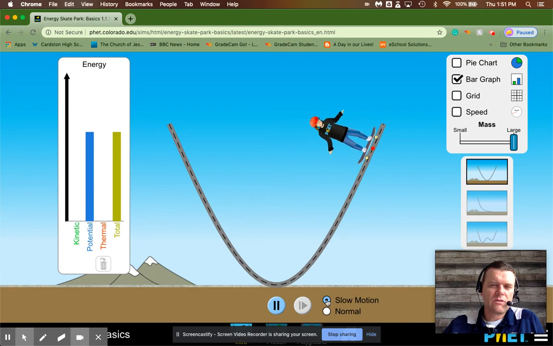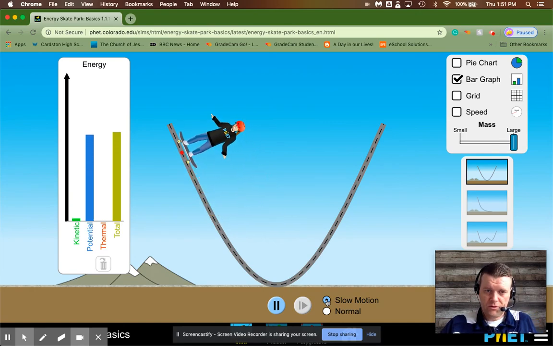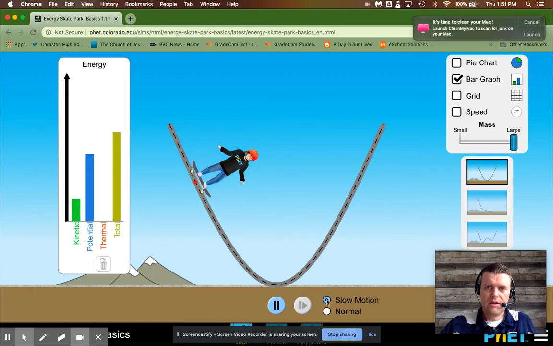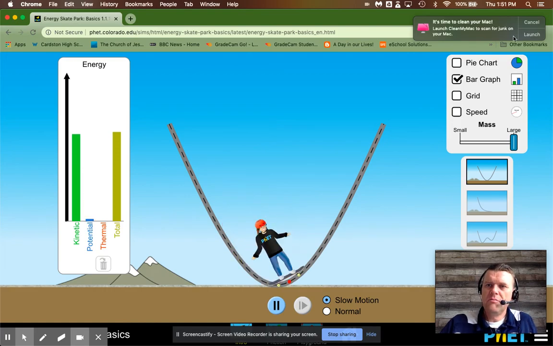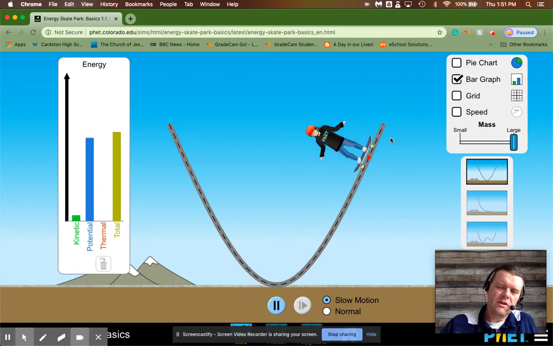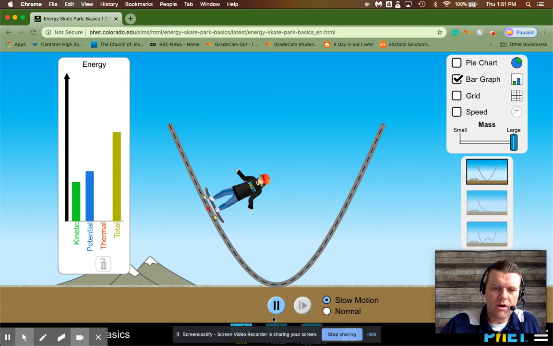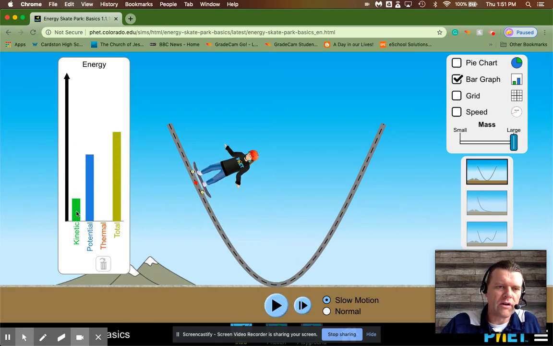This is a really common pattern, especially when we look at pendulums, where if there's no friction, you have kinetic energy being converted into potential energy being converted into kinetic. But the sum total, if I pause this at any point, if you took the green and the blue bar and added those two together, what would you get? Well, you'd get the total energy of the system.